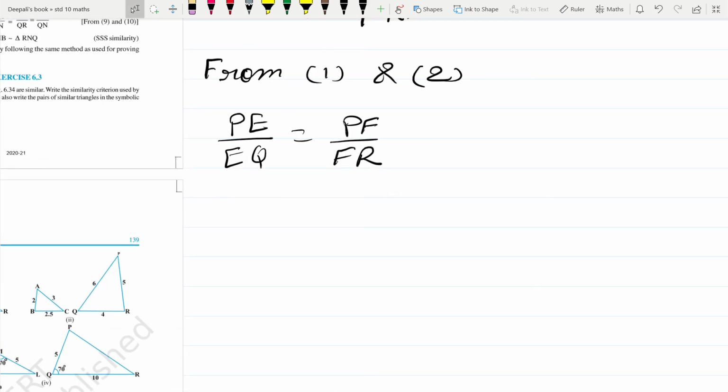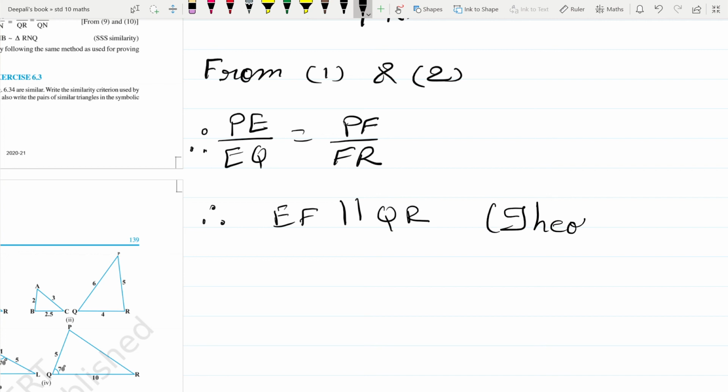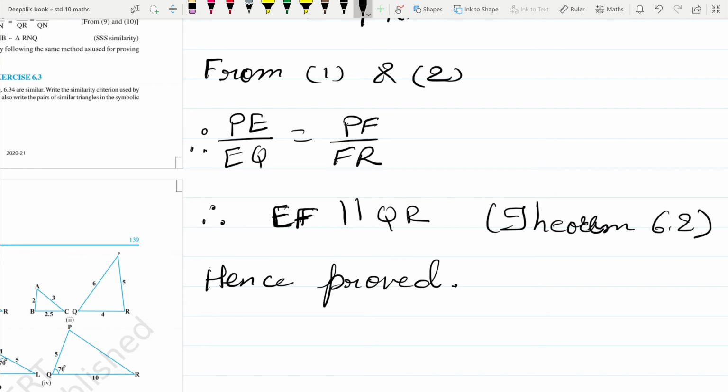Now from this result, therefore EF is parallel to QR according to theorem 6.2. Hence, it is proved. Thank you.